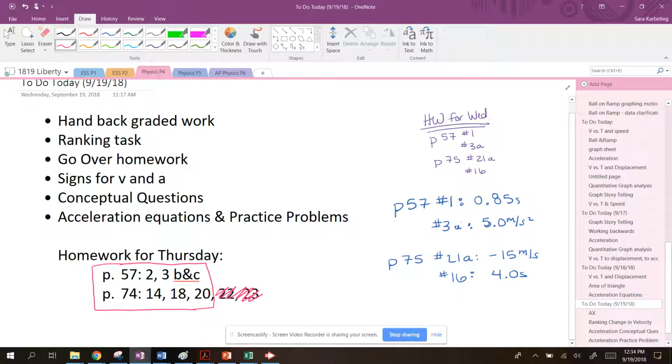We'll go back to those later. So on page 57, I want you to work on number 2, 3, B, and C, 14, 18, and 20. So the game is in all of these problems to figure out which equation to use.